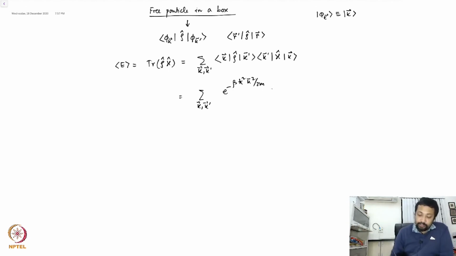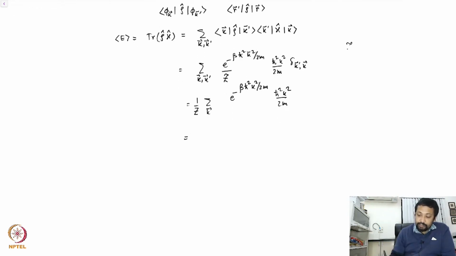The Hamiltonian is h bar square k square over twice m, and I have a z which comes from rho, and I have delta k prime k. So I can use one of the sums to take care of the delta function, and I have 1 over z e to the power minus beta h bar square k square over twice m times h bar square k square over twice m.